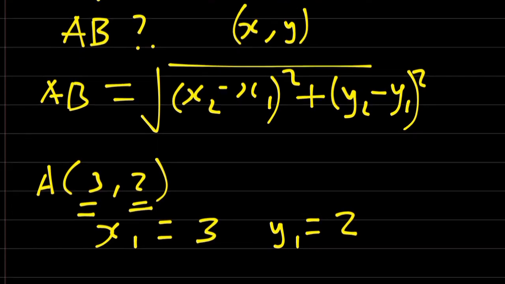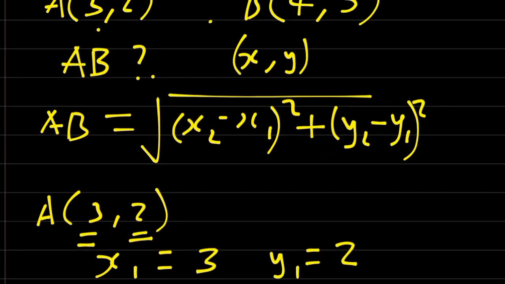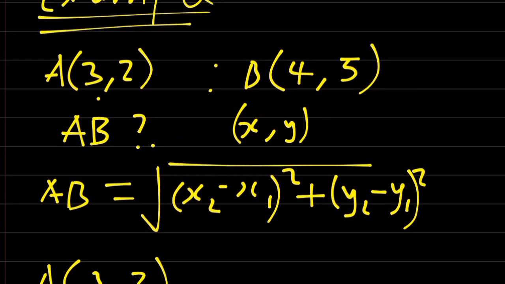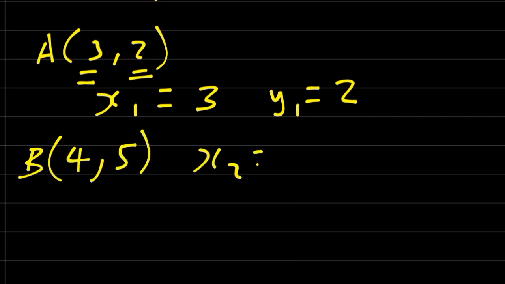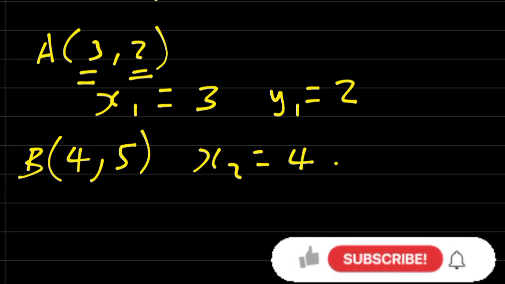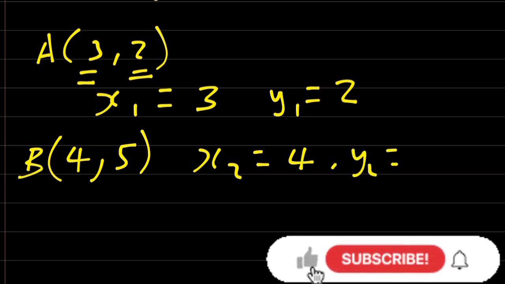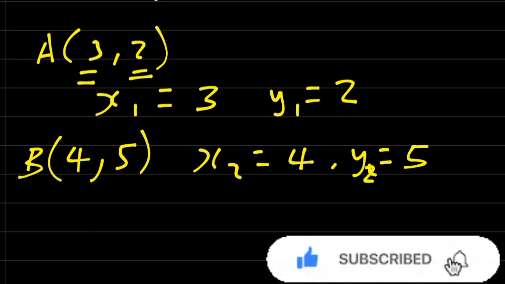Okay, so we've gotten x1 and y1. Point B is 4, 5. Therefore, x2 will be equal to 4, and y2 will be equal to 5.